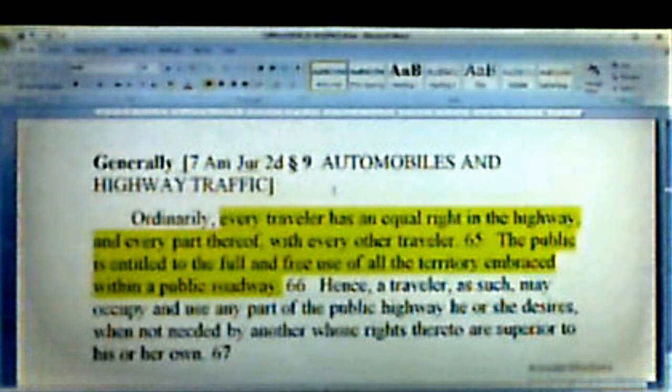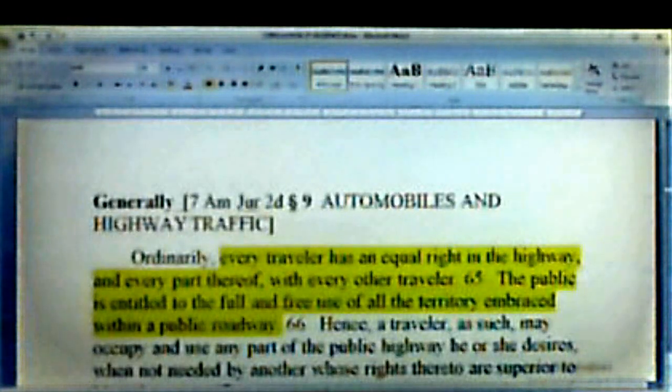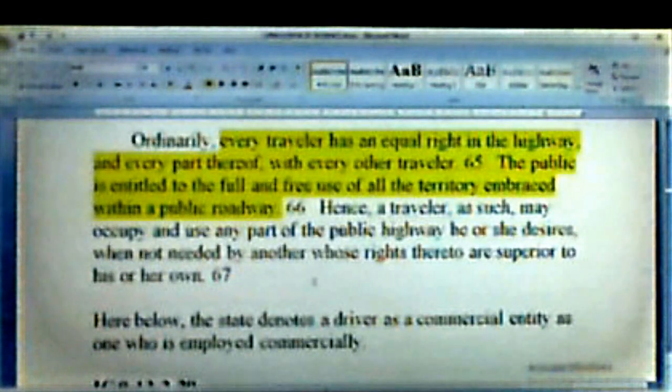All right? And it says, generally, 7M juror 2D, more constitutional law, subsection 9, automobiles and highway traffic. It says, ordinarily every traveler has an equal right in the highway and every part thereof with every other traveler. The public is entitled to the full and free use of all the territory embraced within the public roadway.